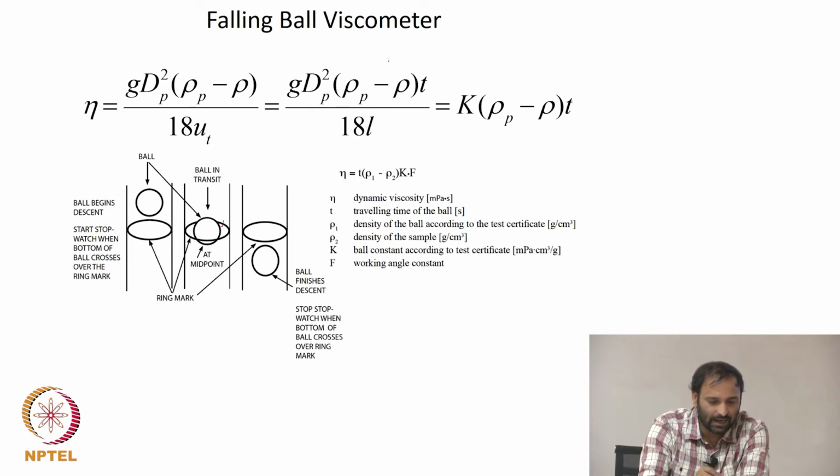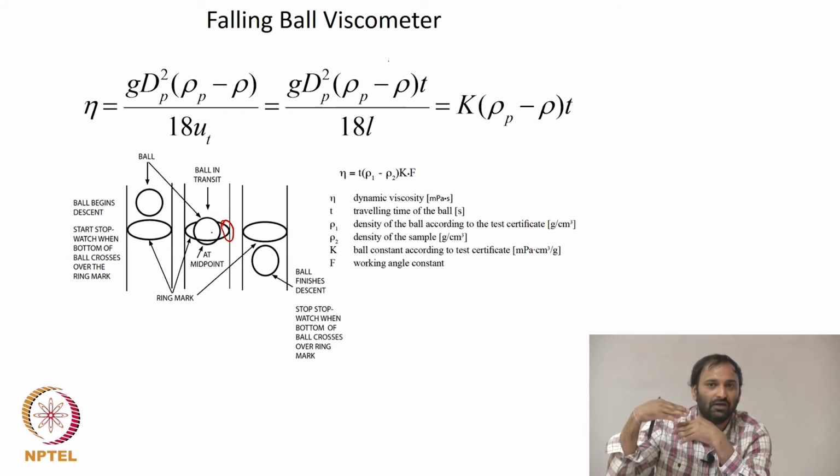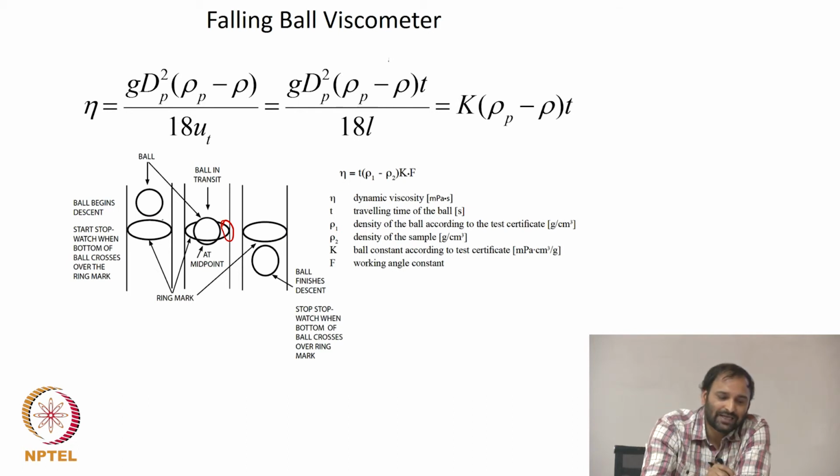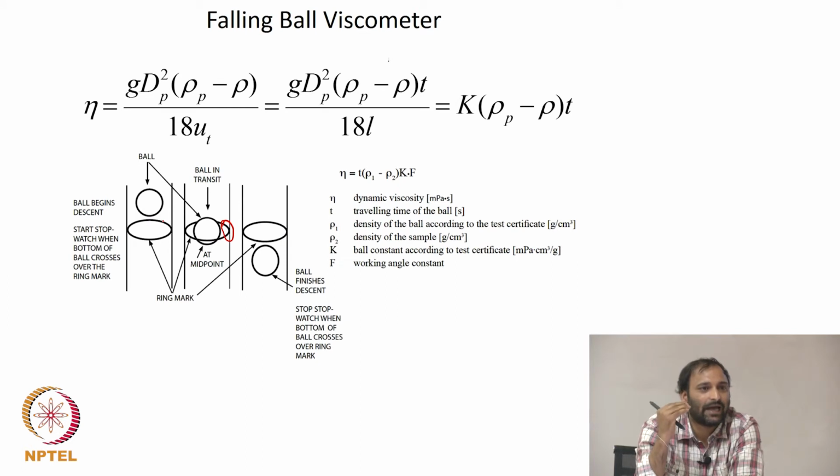There are markers, graduations like that, that you see. What you do is identify the instant of time at which the ball intersects this ring, and the instant at which it travels and goes outside this ring, okay.